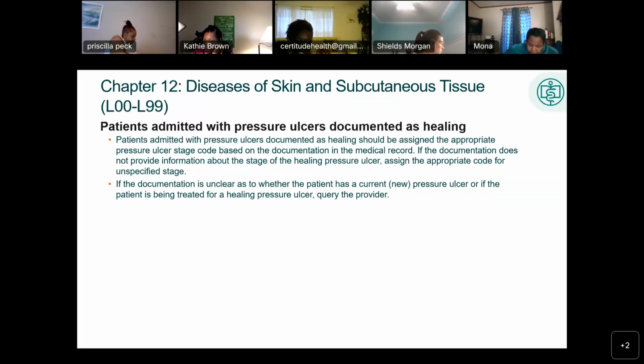If the documentation does not provide information about the stage of the healing pressure ulcer, assign the appropriate code for unspecified stage. So I would just highlight that for now and hold on to that guideline by highlighting it.